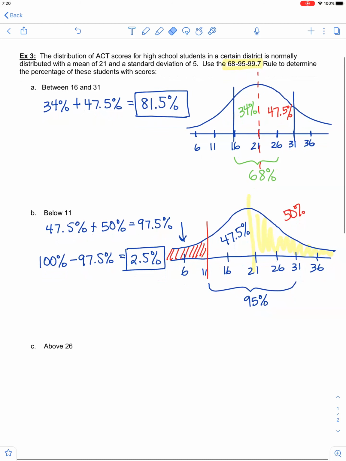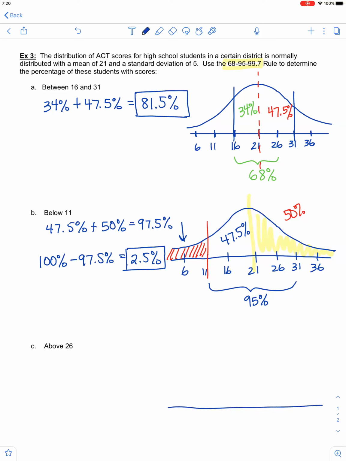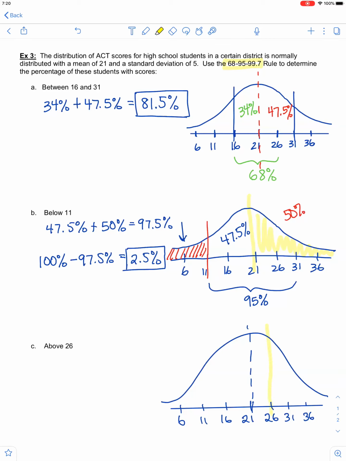And lastly, we're asked for the percentage of students with a score above 26. Same scores. Mean is here, but we're going above 26, so that's 26 and to the right here.